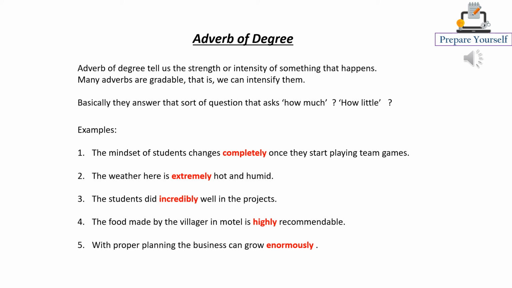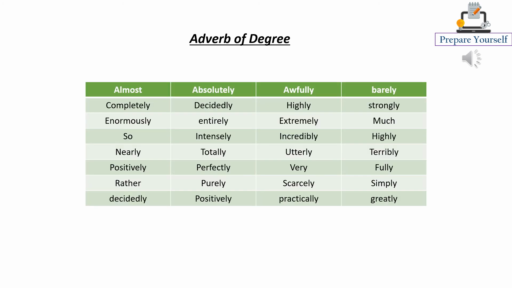In the next slide, you will get the related words. Adverb of degree. You should remember these words and try to use them as much as you can. Develop a word bank for better English.